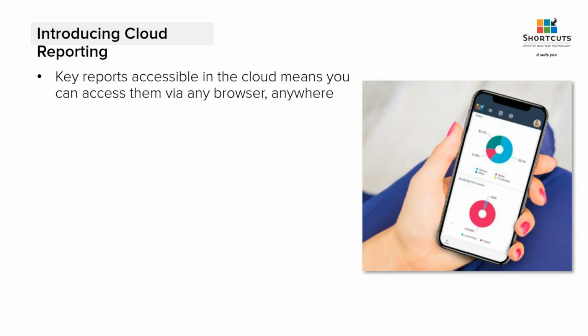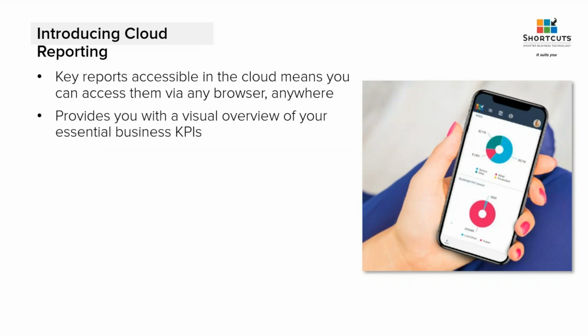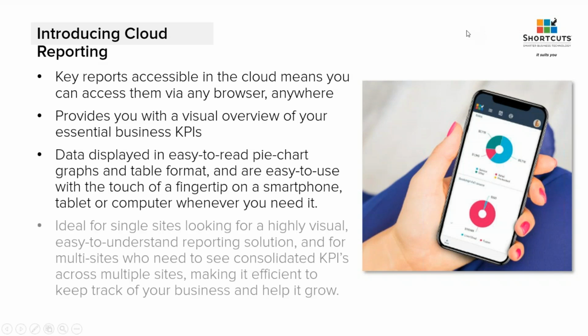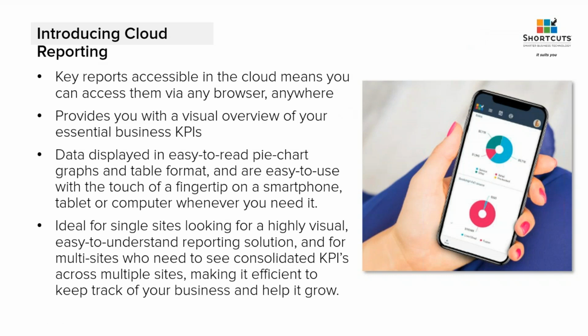So this is one of the really big ones, the cloud reports. Our most important reports in Shortcuts are now available in cloud reports. Again, our traditional console still has a lot of similar information.